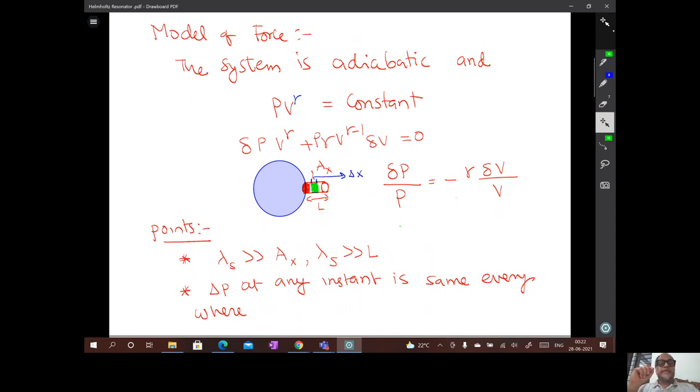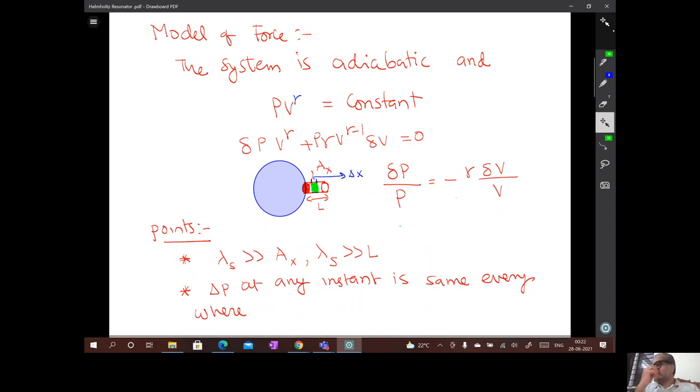So PV raised to gamma, for any adiabatic process, you might have studied in your 12th standard, PV raised to gamma is a constant, where gamma is the ratio of Cp by Cv, and that is basically for a gas with diatomic molecules, 1.4. And our air is mostly diatomic in nature, like oxygen, nitrogen. So you can take that value confidently as 1.4.